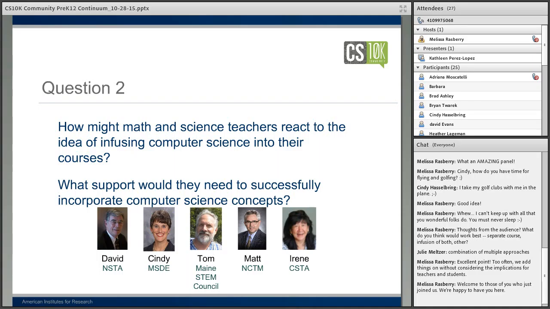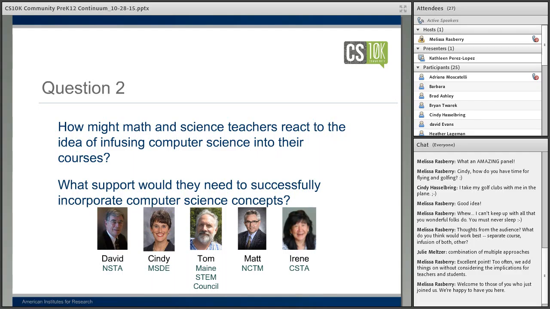Just to add something, this is Tom. I'd like to chime in on this second question here, the support they need to successfully incorporate. With both Common Core Math and NGSS being relatively new and in the throes of creating new curriculum to go along with them, clearly there's some good stuff.